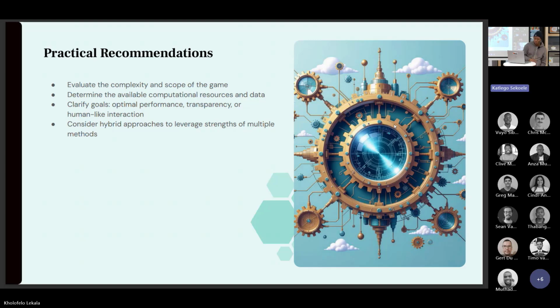And if you are looking for more human-like interactions, then I'd suggest the GAIL for you. You can also create hybrid approaches to leverage the strengths of multiple methods, like Stockfish, which sometimes uses a neural network along with alpha beta pruning to determine what move it should make.